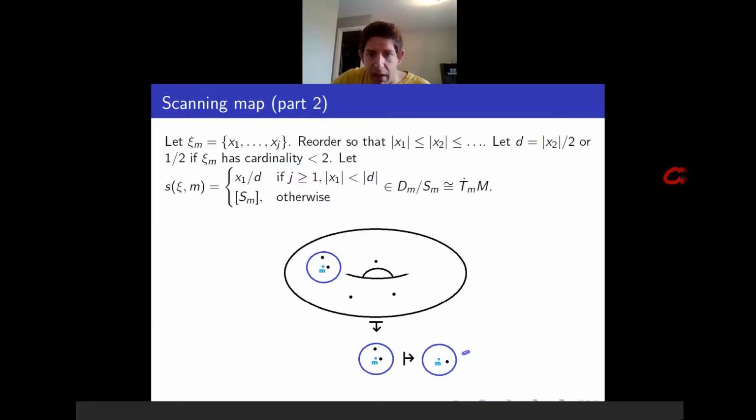So this thing is what I'm calling S squiggle sub m. And this is what we wanted. Instead of viewing it as a configuration, you can just view it as an element of D_M rel S_M.